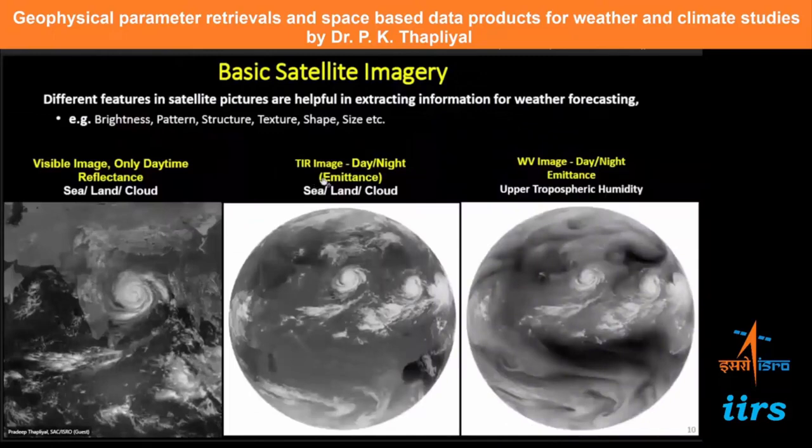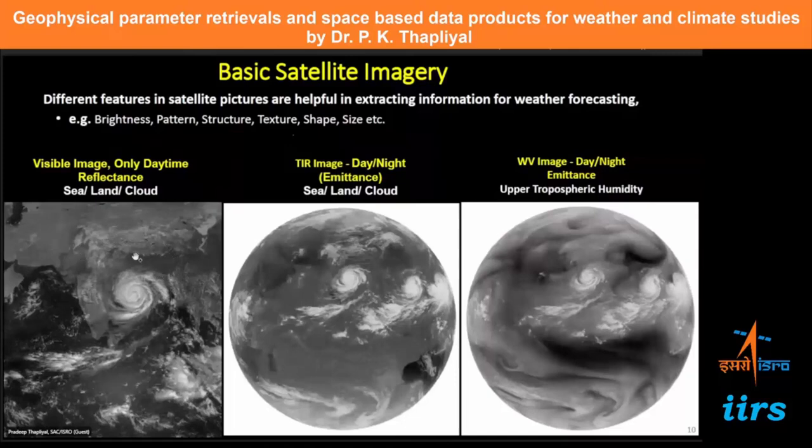Now here you can try to understand how these radiations are traveling in the atmosphere. Solar radiation from the sun is the primary source of energy that gets reflected by various parts of the Earth. Maximum reflection occurs where there are deep clouds, so you can see bright patches here because the reflected radiation is very large. The ocean, when there is no cloud, looks dark because there is no reflection of visible radiation.